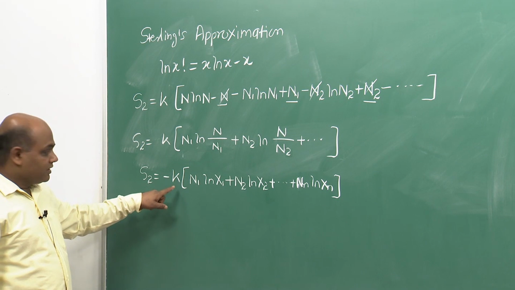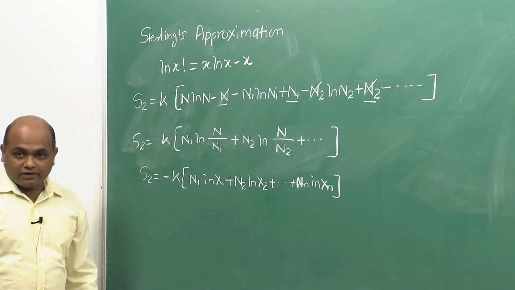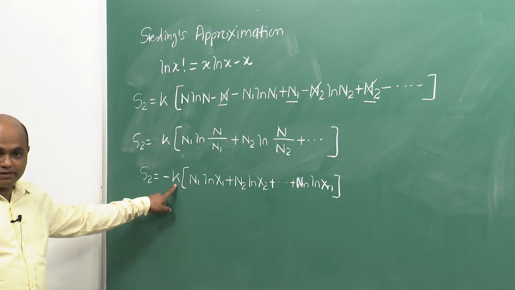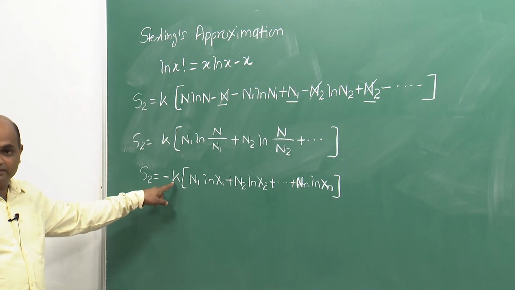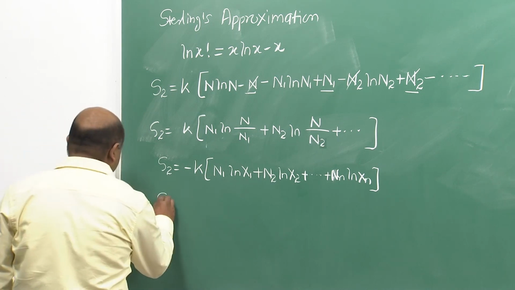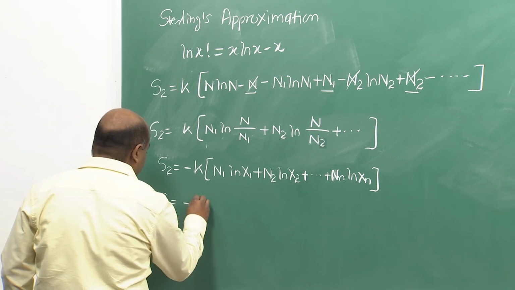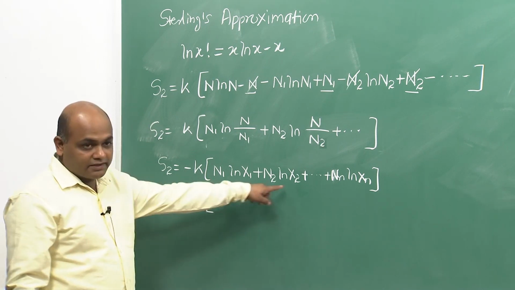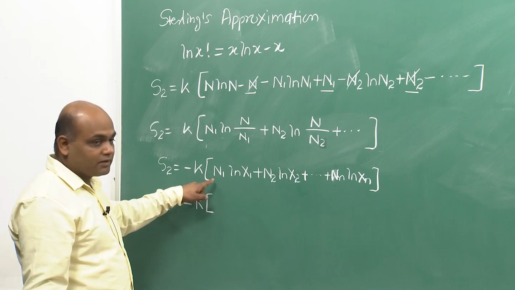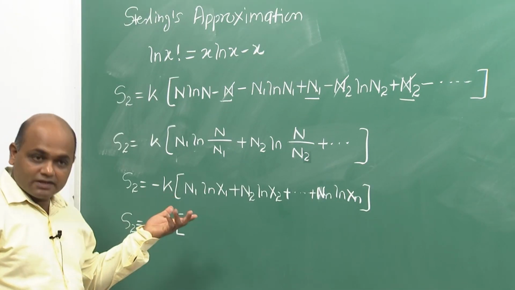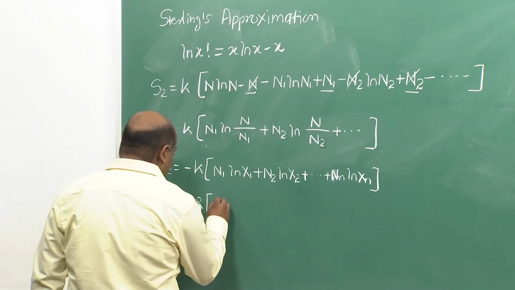So, if we multiply and divide by Avogadro's number, if we multiply k by Avogadro's number, k times Na is what? Gas constant R. And we have to divide inside by Avogadro's number, N1 by Avogadro's number. Number of atoms divided by Avogadro's number is number of moles.